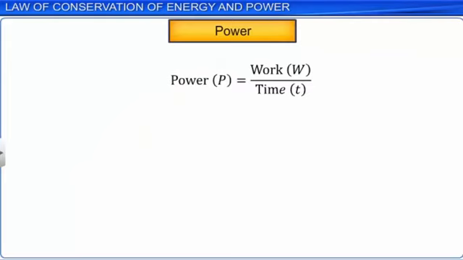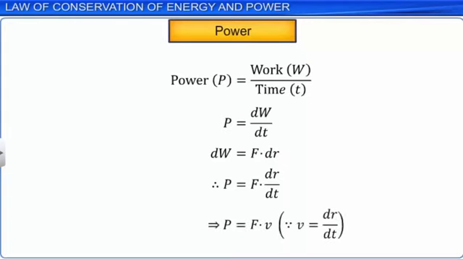Instantaneous power P is equal to dW by dt. But dW is equal to F dot dr, where dr is the displacement. Therefore, P is equal to F dot dr by dt, which is equal to F dot V, since dr by dt is equal to instantaneous velocity v.